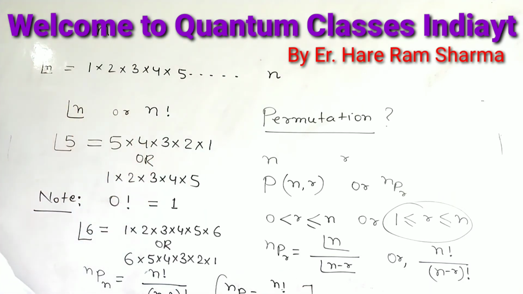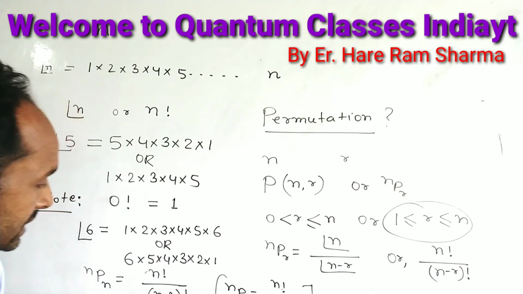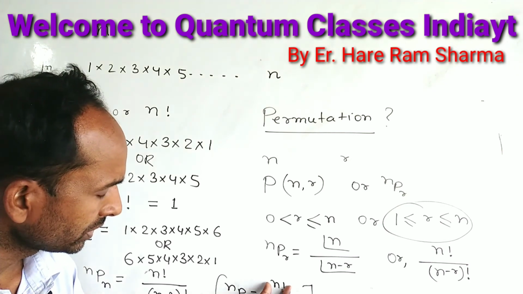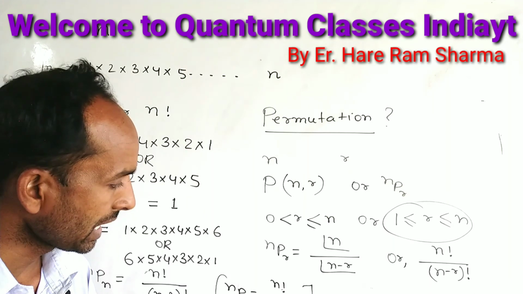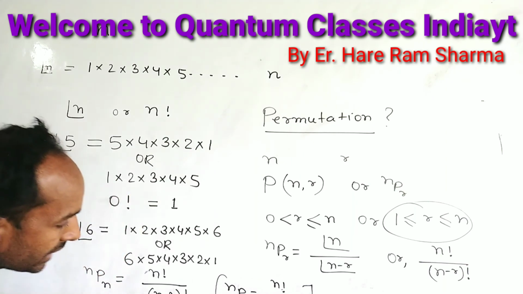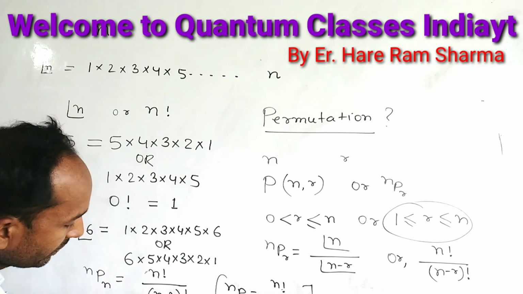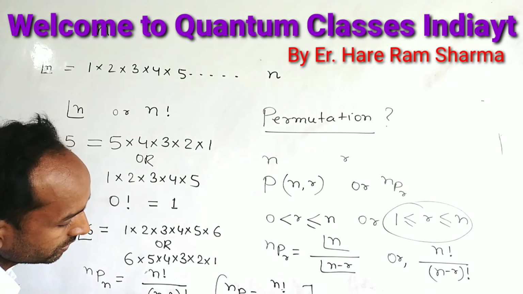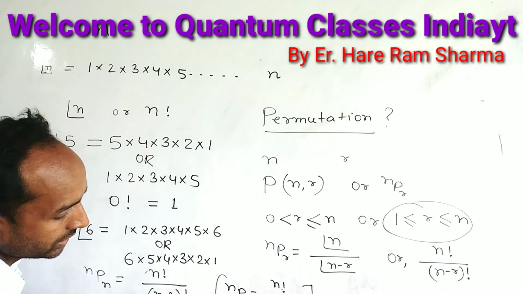So putting the value of r as n, we get factorial n divided by factorial n minus n. Now factorial n will be written as it is, and n minus n is 0, and factorial 0 is equal to 1, as I told earlier. So factorial n divided by factorial 0, that is 1, equals factorial n.